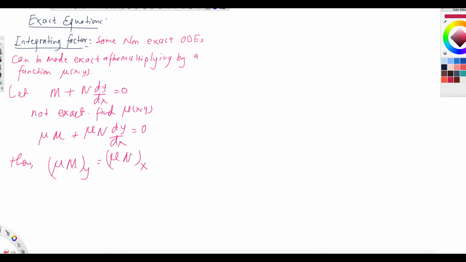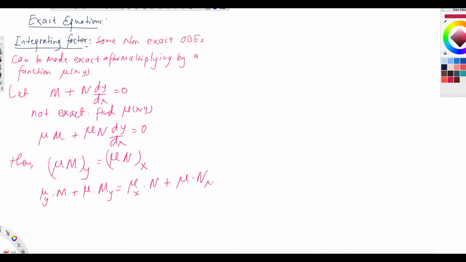Now if you take the derivative using the product rule, what do you get? You get mu sub y times M plus mu times M sub y, equals, all this sub y and sub x being the partial derivatives, mu sub x times N plus mu times N sub x.